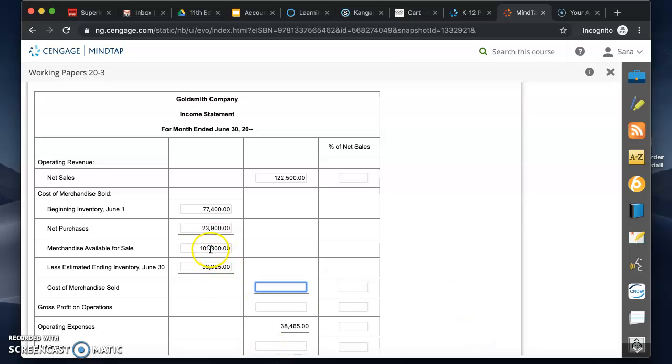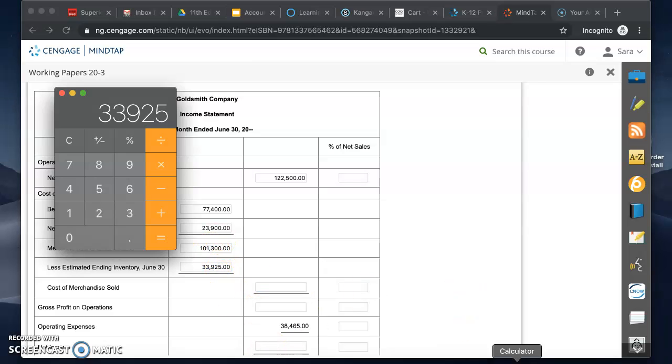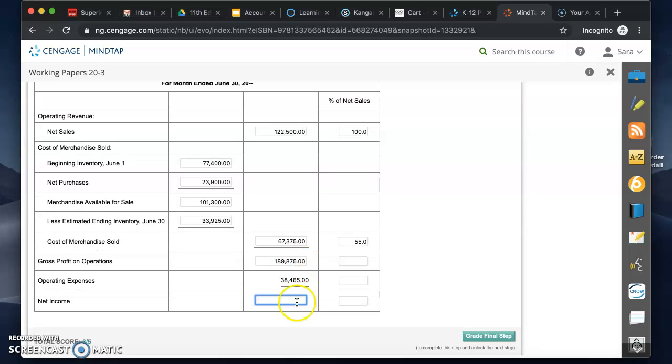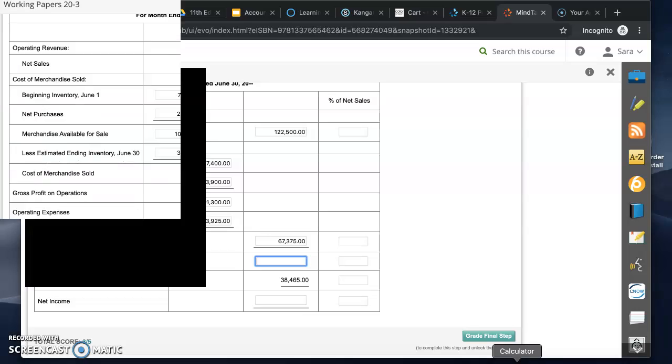So I'll take the 101,000 minus 33,925 and get 67,375. Okay, so then we have to subtract to get our gross profit.